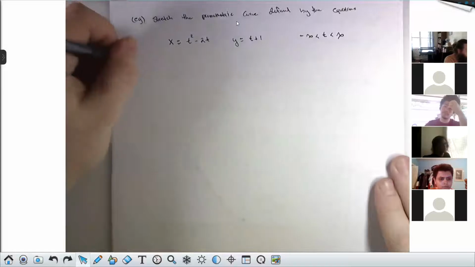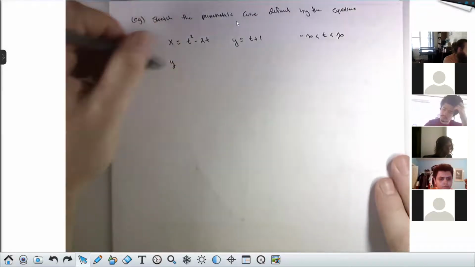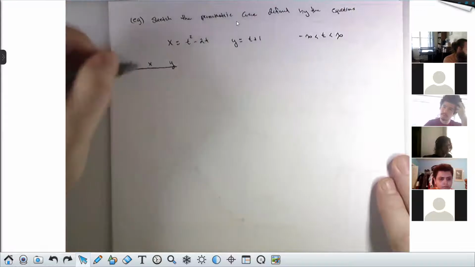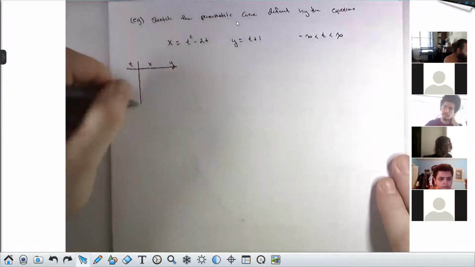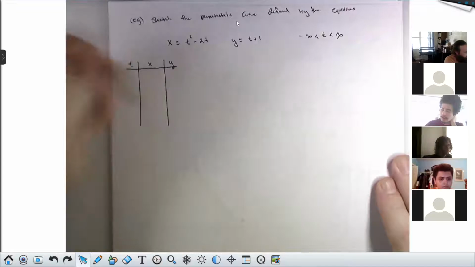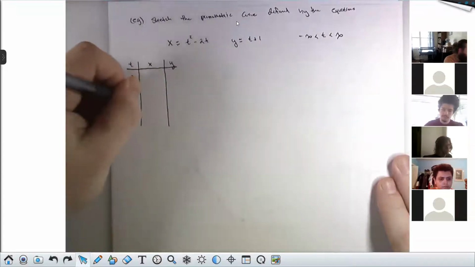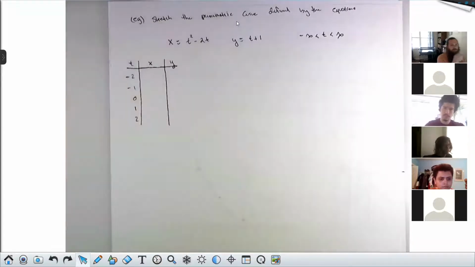Just like on our last example, we're going to make a table of values. It will start at -2, -1, 0, 1, 2, just to give us a little feel for what's going on. And then we fill out the table.